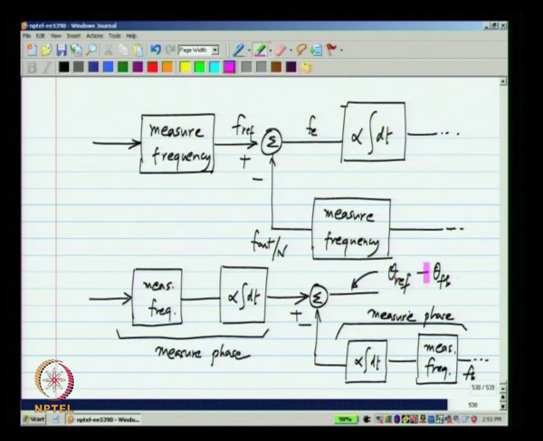So, what we really need to do is we do not have to measure the frequency and so on, we do not yet know how to do that, but what we need to do is to simply measure the phase difference between these two waveforms, that is measure the phase difference between the reference signal or the input signal and the output of the frequency divider.